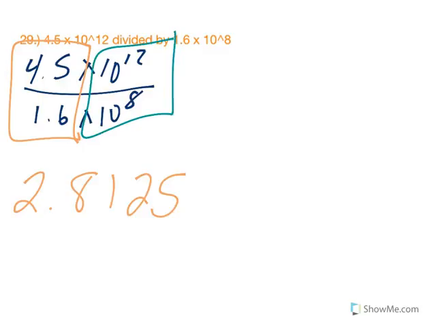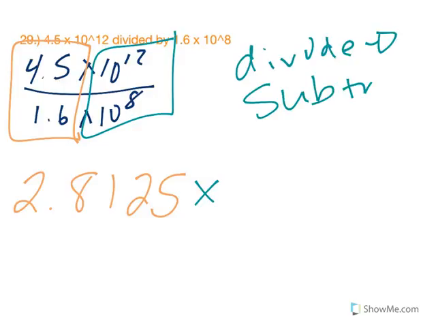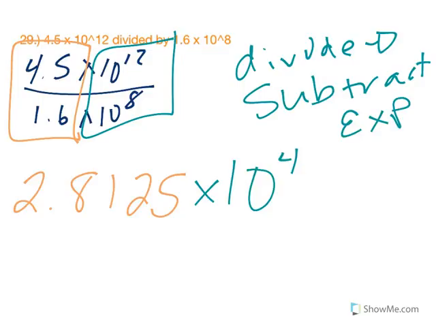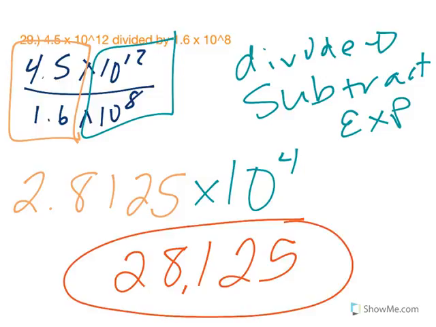And then when you take these, remember when you divide, you are going to subtract the exponents. So 12 minus 8 will give me 10 to the fourth. Once again, since the number 2.8 is between 1 and 10, you're fine, but we will want to move our decimal 4 places to the right to put it in standard form, which gives us 28,125.